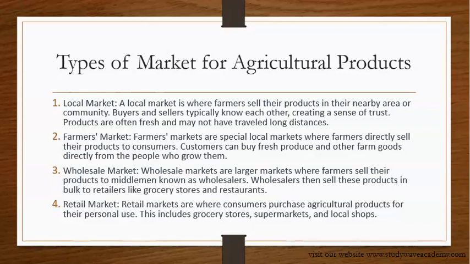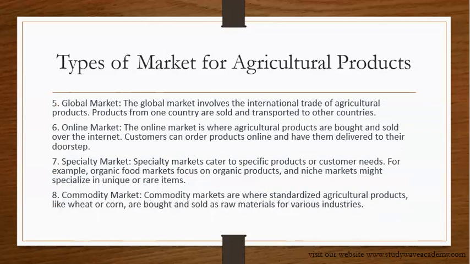So these are the types of markets where agricultural products are sold. Okay? Then global market. The global market involves the international trade of agricultural products.